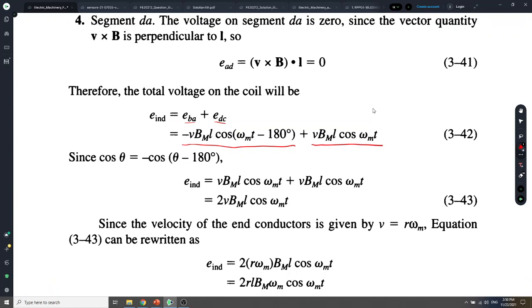Okay. So kalau kita gunakan trigonometry, kita gantikan cos theta is actually equal to negative cos theta minus 180. So now they become VBM L cos omega T. So dua-dua ni sama.